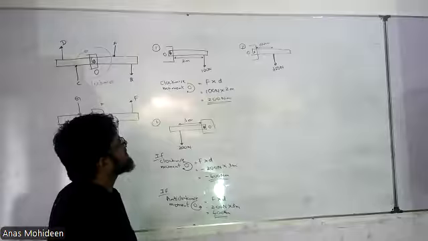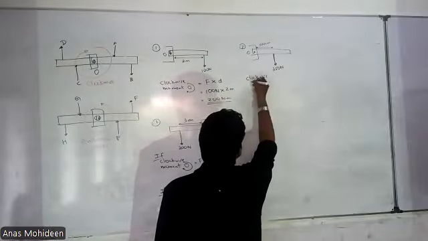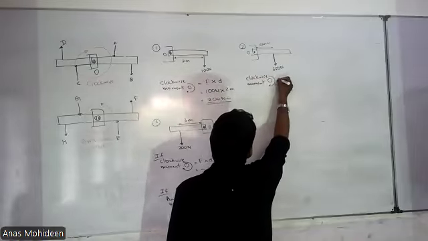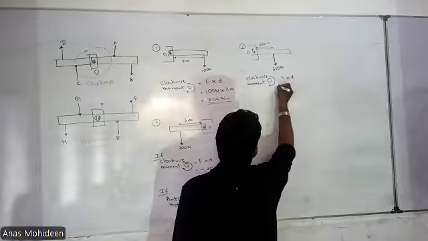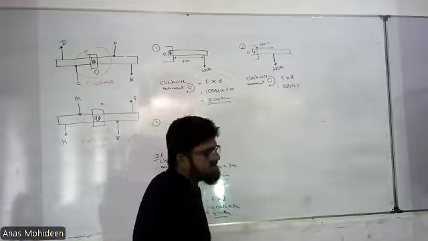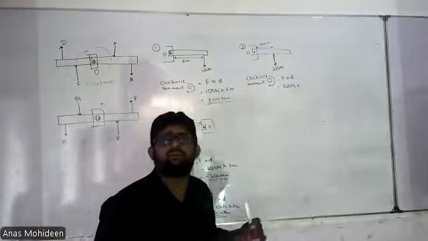Okay. Now we can see it is clockwise, right? It is clockwise. Clockwise I will take, F into D. How much is the force? 350. What is the distance? Centimeters, it's 100. Can I apply 100 centimeters?